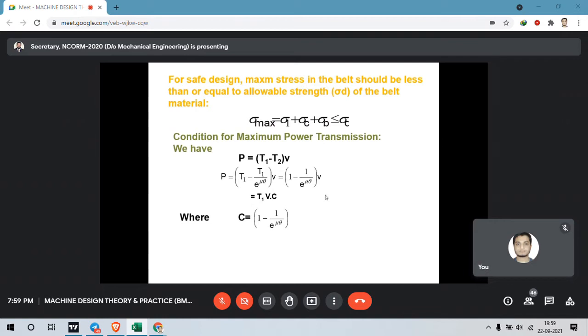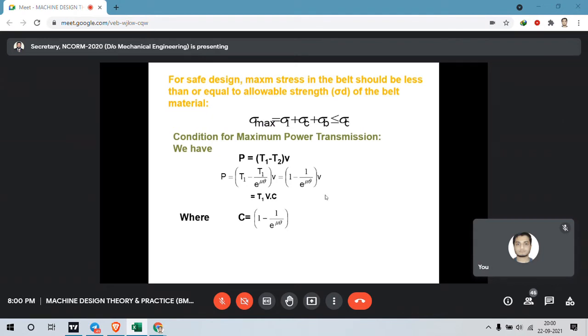Similarly, for the condition for the maximum power transmission, the above equation will be helpful in the design or checking the strength.